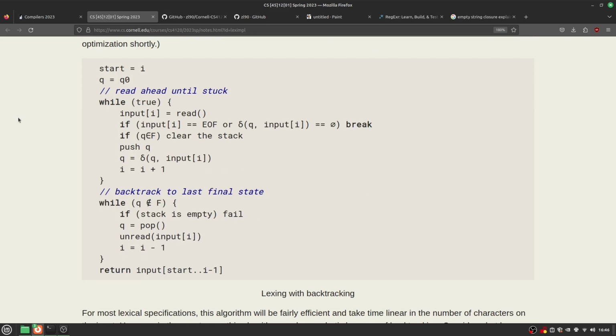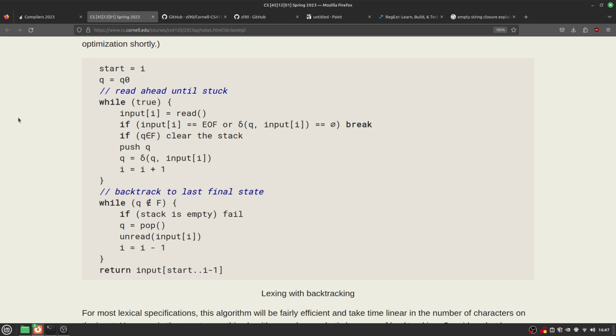So we start at I. The selected state is Q. Start with Q0. Read ahead until stuck, while true. Input I equals read. Read from the file if input I is in the file, or the delta function of the state and the next character is an error, then we break.